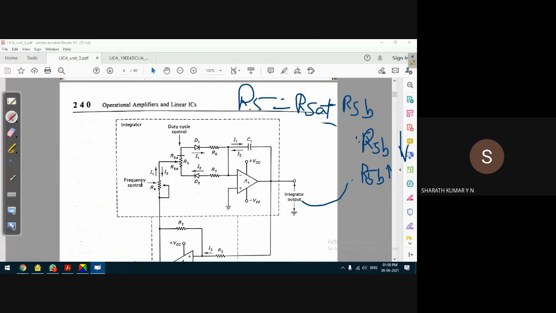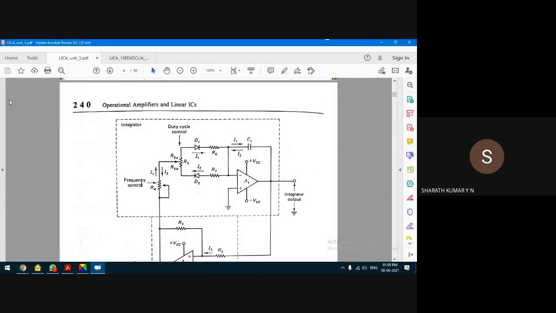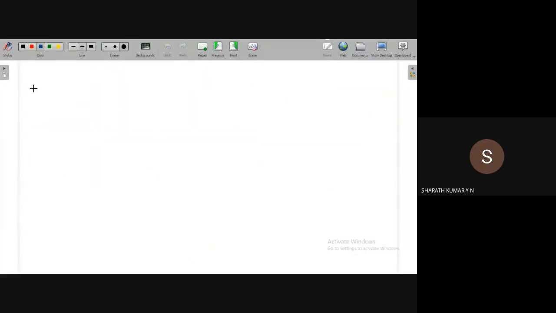If R5A is more than R5B, the total charging time constant of the capacitor, let us call it tau 1, is equal to R4, which is a fixed value, plus R5A plus R6.